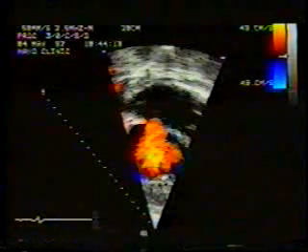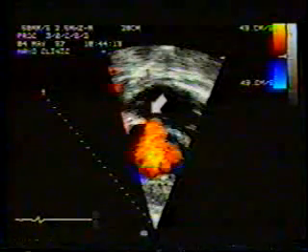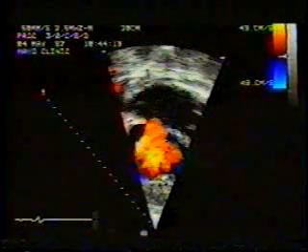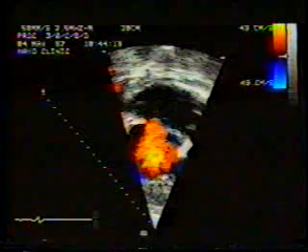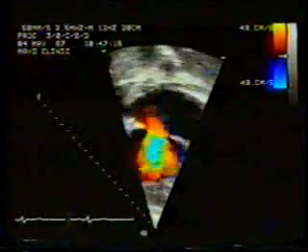This is the still frame of a color flow examination, demonstrating again a large bolus of red encoded flow into the right atrium across the atrial septal defect.